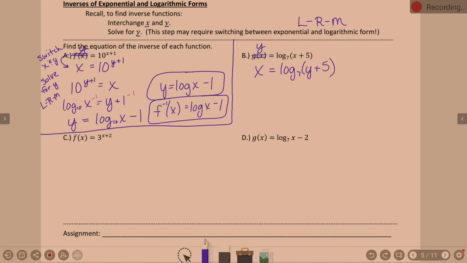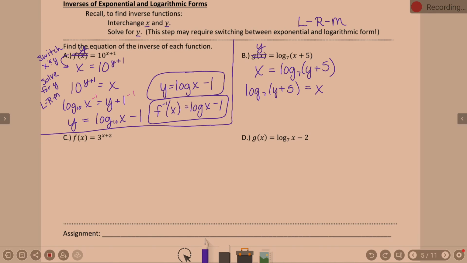Now, the way these are lending themselves today, in order to use left, right, middle, if you're hung up on these specific locations, the log needs to move to the left. So if you need the better visual, flip-flop this around and think log base 7 of y plus 5 equals x.